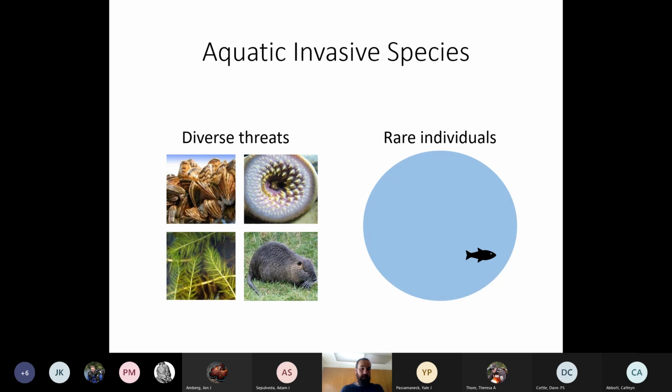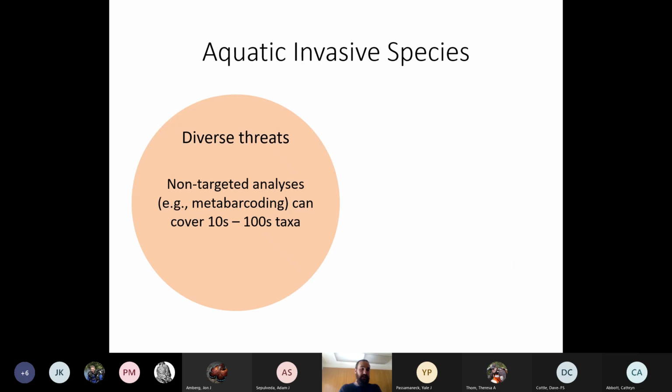If we look at our molecular toolbox for eDNA sample analysis, we see that we have some tools that are a better fit for each of these components of aquatic invasive species. On one side, for diverse threats, non-targeted analyses, things like metabarcoding, which can cover tens to hundreds of taxa within a single analysis, are really powerful.